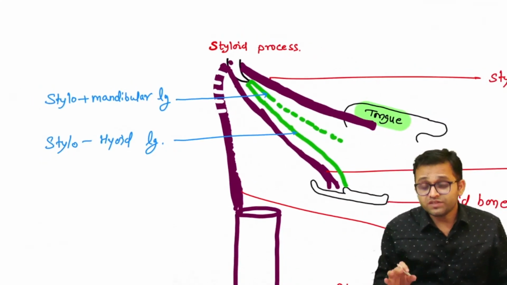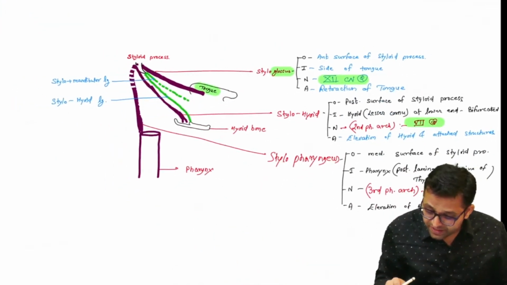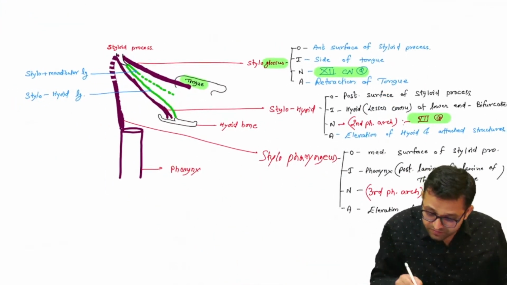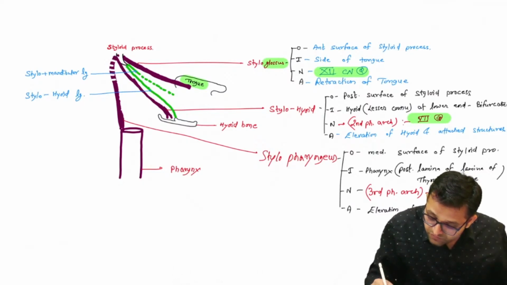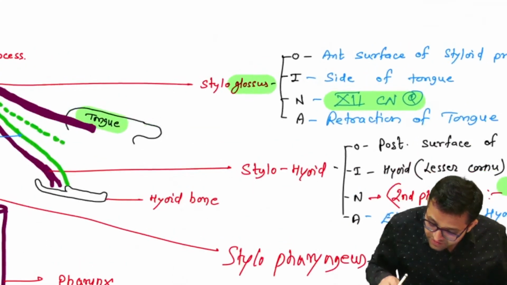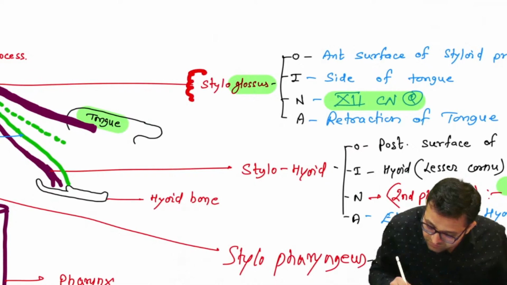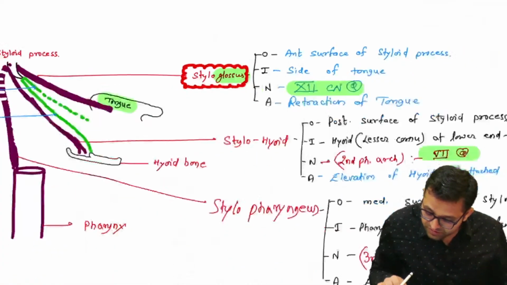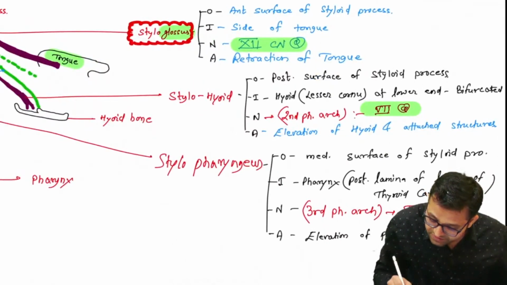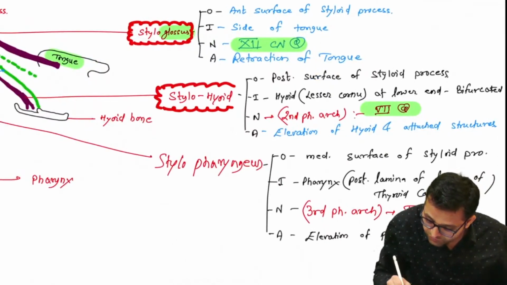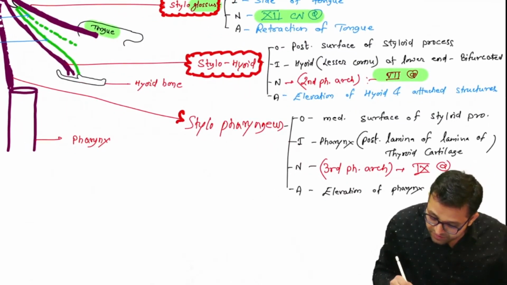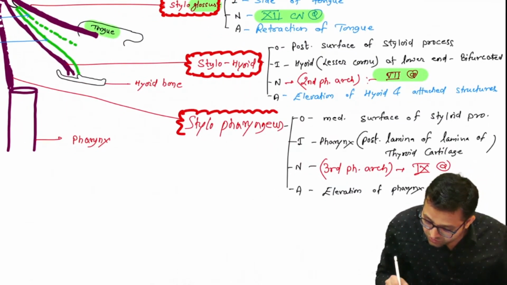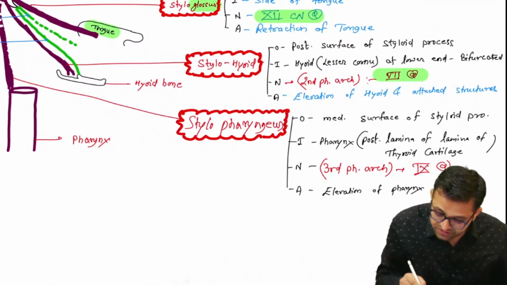Getting the point? So in this way, how many structures we had studied till now, sir? First is styloglossus. Then we had seen the stylohyoid. Then we had seen the stylopharyngeus.